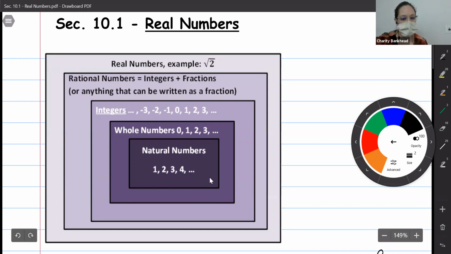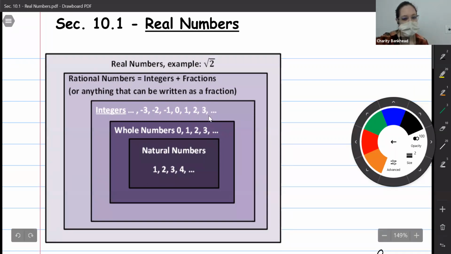All right. And then outside of that, we have the whole numbers. There is only one number different between the whole numbers and the natural numbers, and that is 0. So 0 is the only number that is considered a whole number, but not a natural number. So all natural numbers are whole numbers.